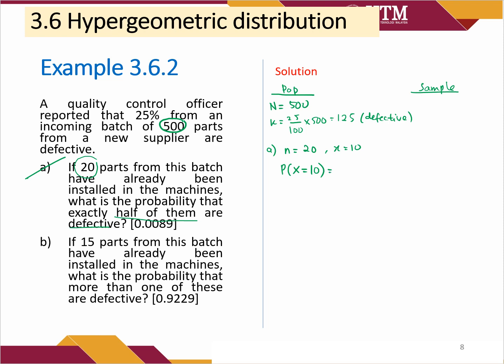Half of 20 would be equal to 10, so we need to identify this probability. It would be K C x times (N minus K) C (n minus x), so 500 minus 125 C (n minus x), divided by the population and sample, 500 C 20, and you will get your answer, which is 0.0487.